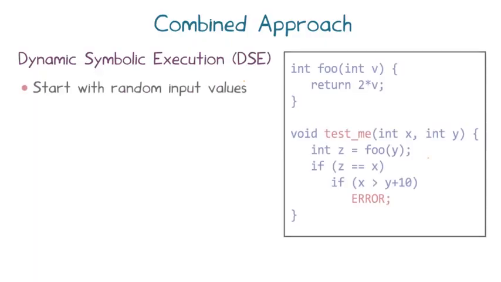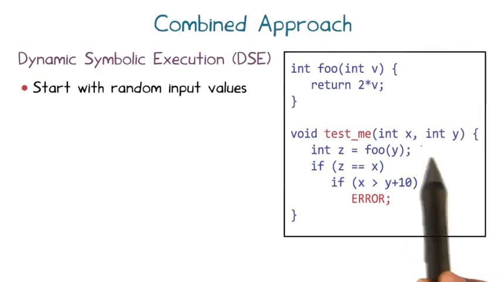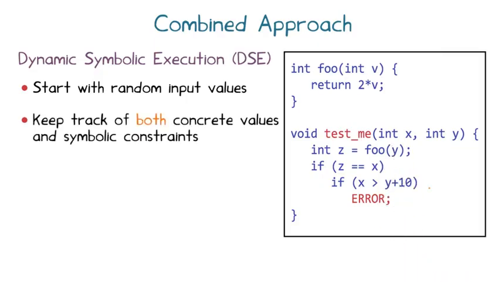Here's how it works. It initially sets the input values of the function to be tested randomly and observes the branches of computation that are taken. It also keeps track of constraints on the program state symbolically.